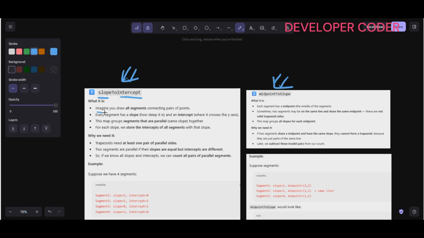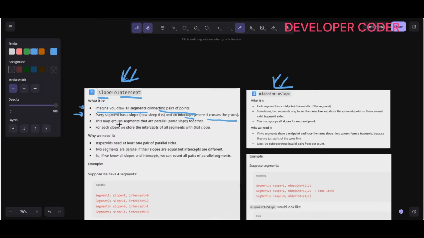Imagine you draw all the segments connecting pairs of points. Every segment has a slope, how steep it is, and an intercept, where it crosses the y-axis. These are the two things we are finding. There is one more thing after this.